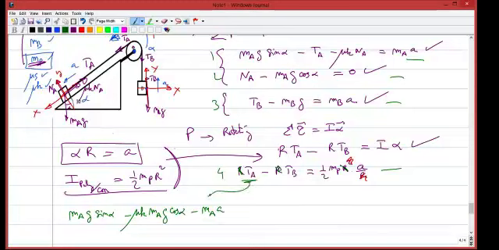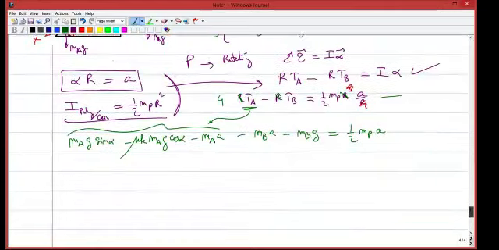That's the first term right here. Minus TB. TB has two terms, so we need to distribute the negative sign to both terms. From equation 3, we can solve for TB. TB is equal to MBA plus MBg. And the whole thing is equal to 1/2 MPA. That's it.